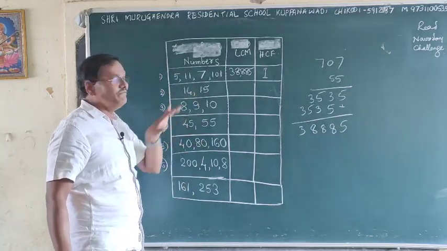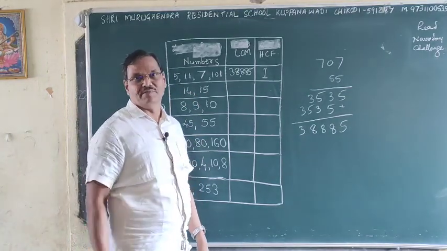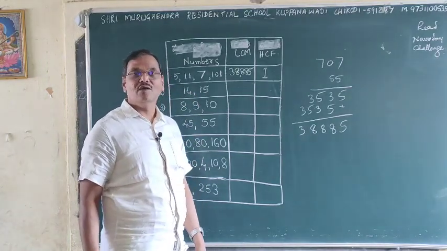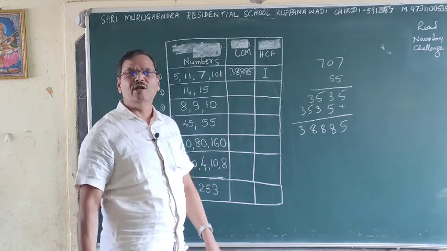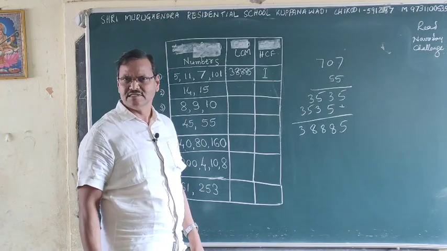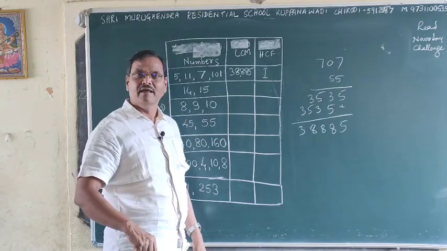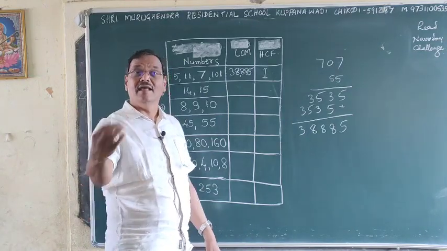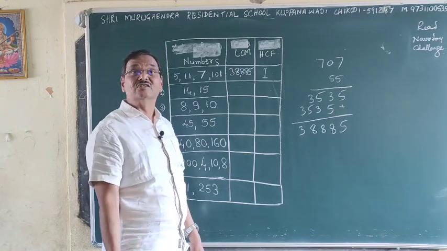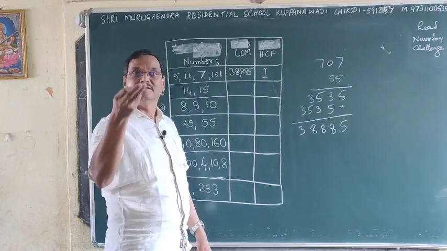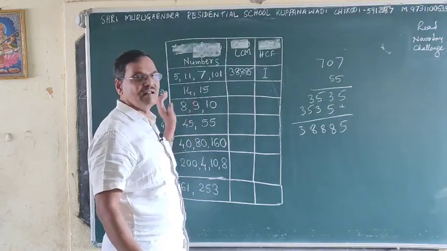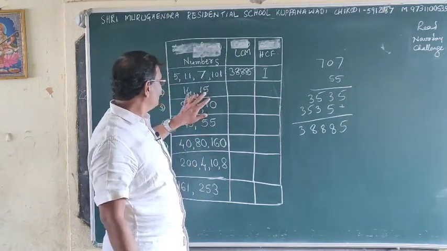See here, 14 and 15 are co-prime numbers. So when co-prime numbers are there, then you need to multiply them. What is a co-prime number?